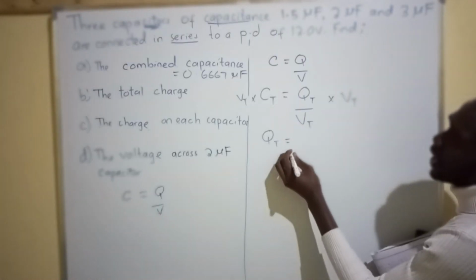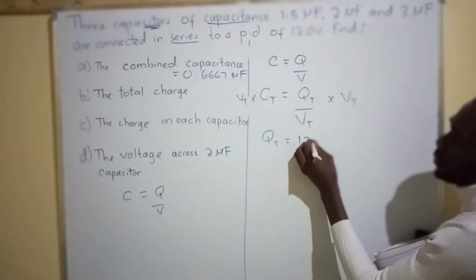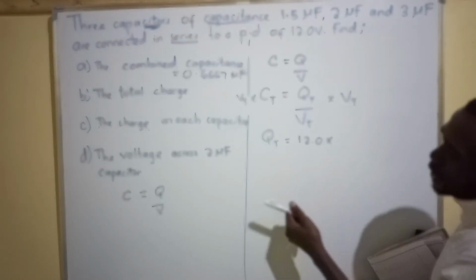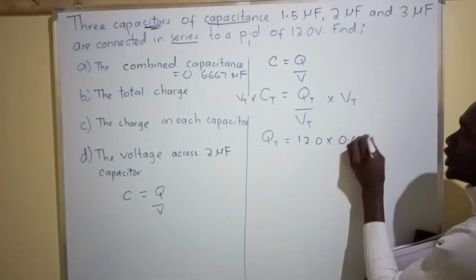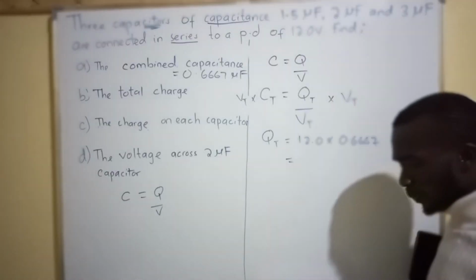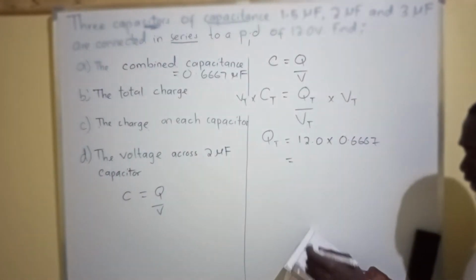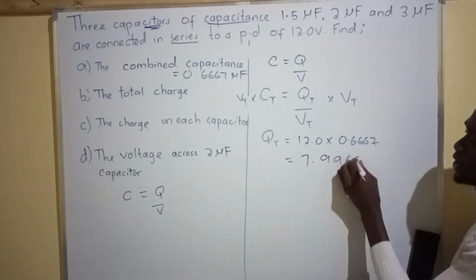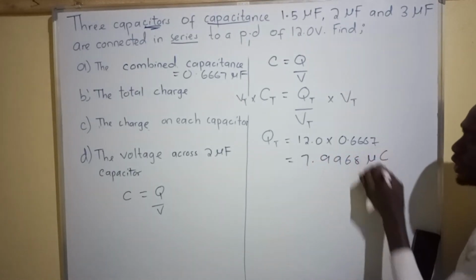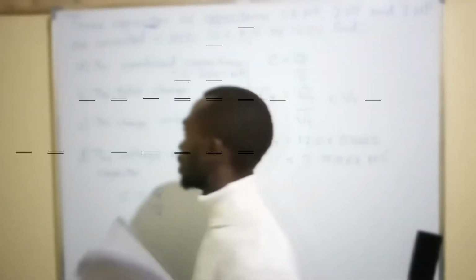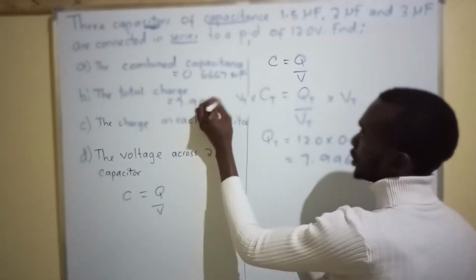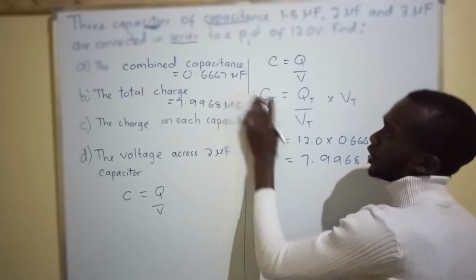This is the voltage, which is 12.0, multiplied by the effective capacitance, 0.6667. So 12 times 0.6667 will give you 7.9968 microcoulombs. So that is the total charge.